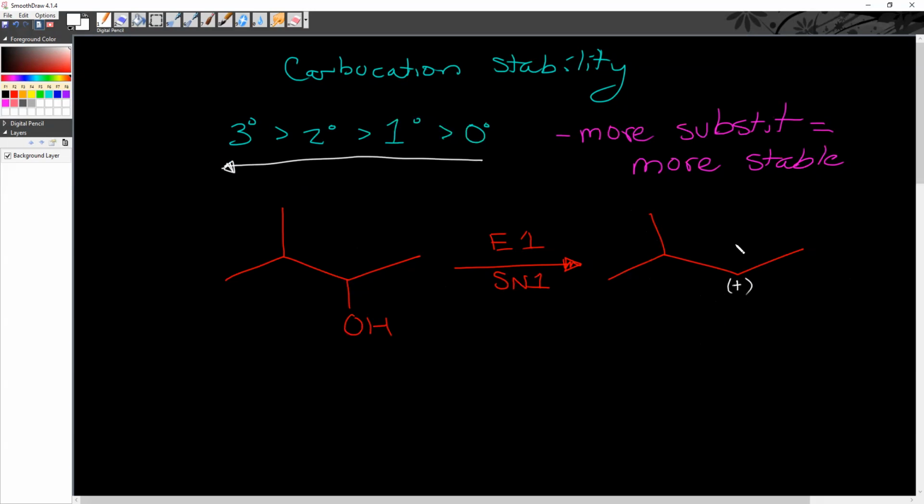So you can't shift a secondary onto a primary.